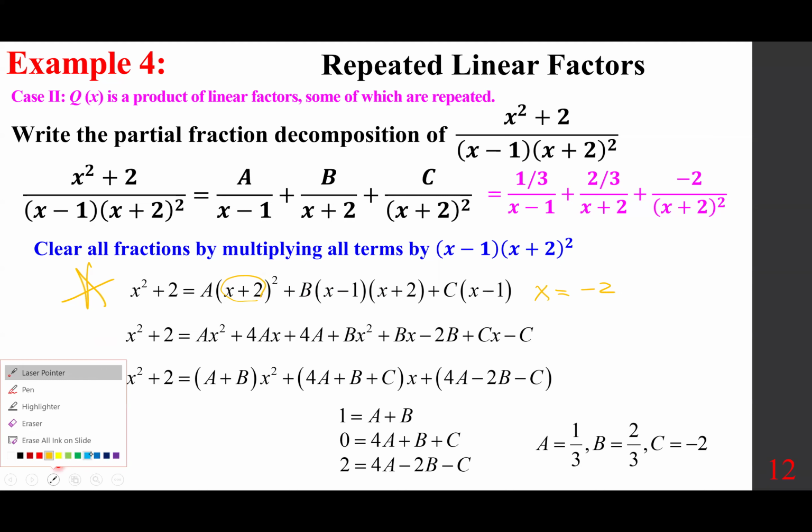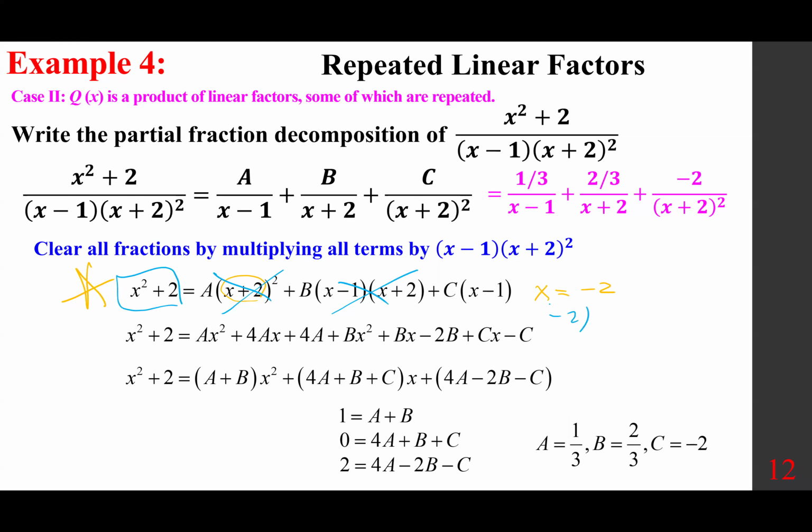So let me show you what happens. So if you choose x equals -2, this goes to 0. This goes to 0. And the left side is -2 squared plus 2. And the right side is c times x minus 1. That's what you get.